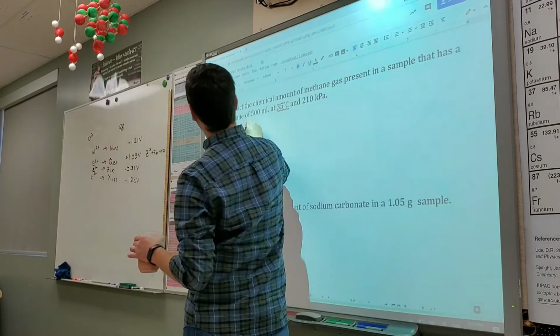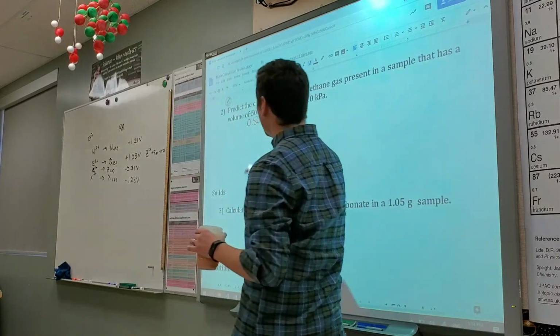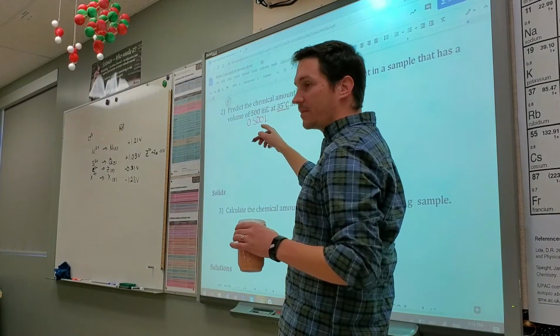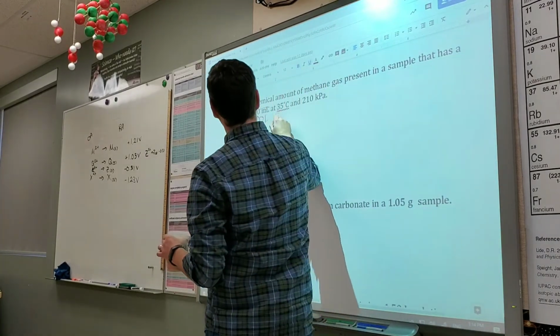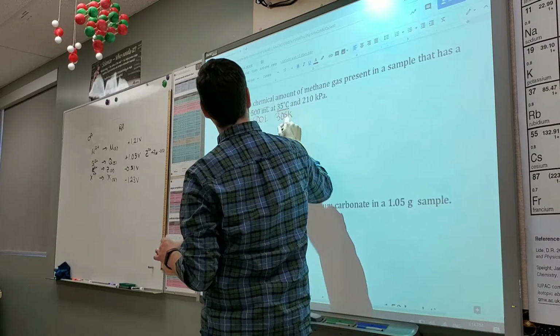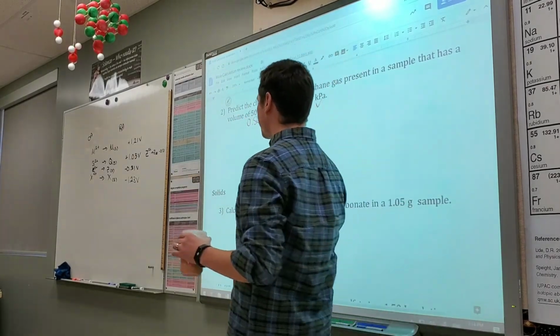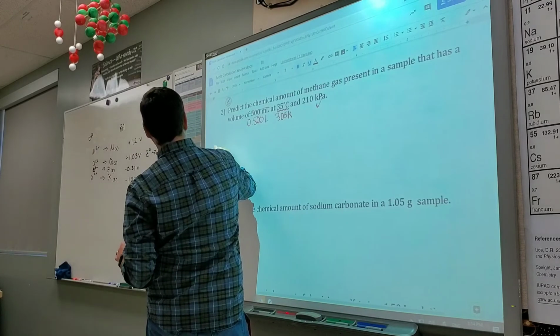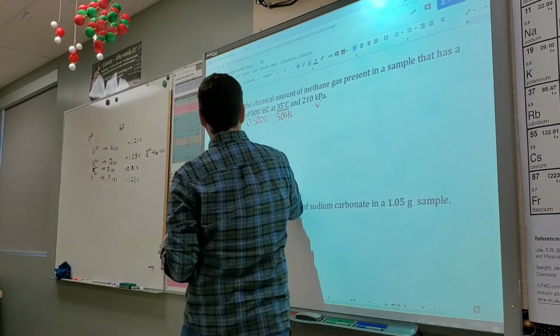No, we like liters. Do we like degrees Celsius? No, we like Kelvin. So what's this in Kelvin? 308 Kelvin. And do we like kilopascals? Yes. Perfect.